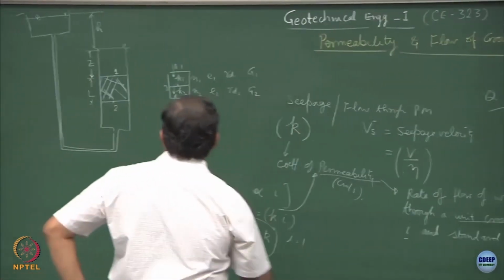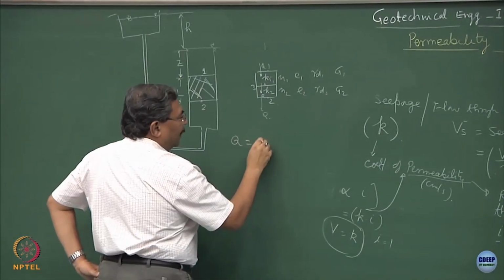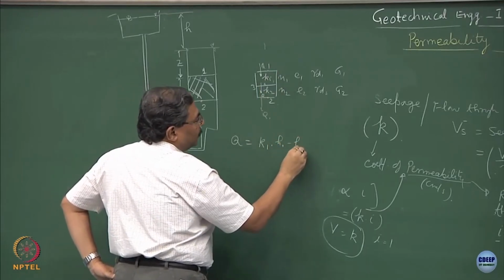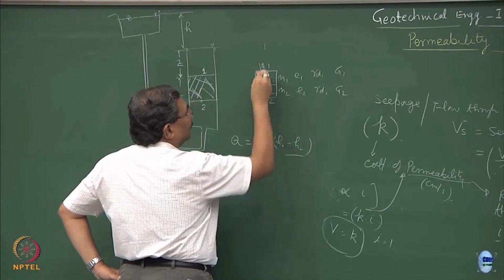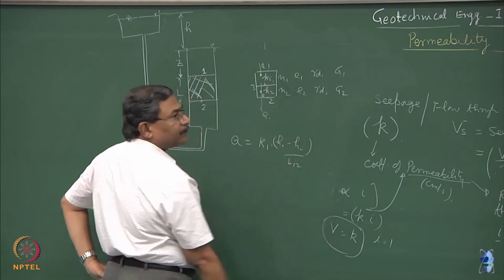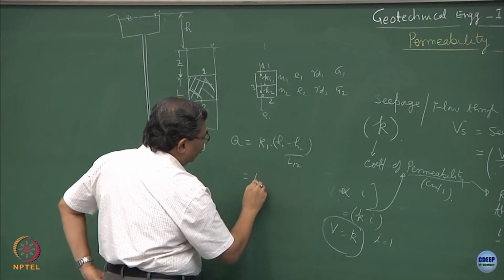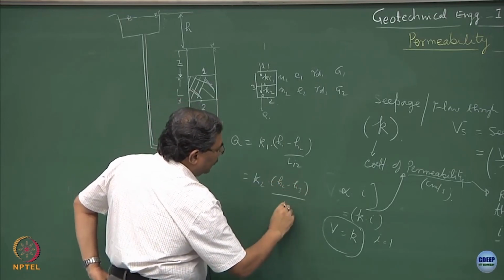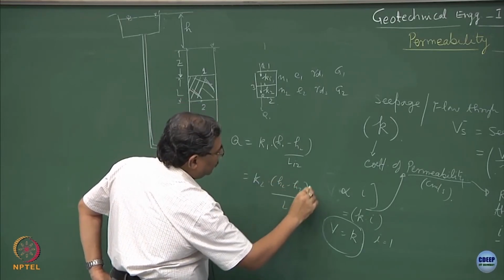In other words, if my Q remains the same, I will say K1 multiplied by (H1 minus H2) over L12 will be equal to K2 (H2 minus H3) over L32. Is this correct?